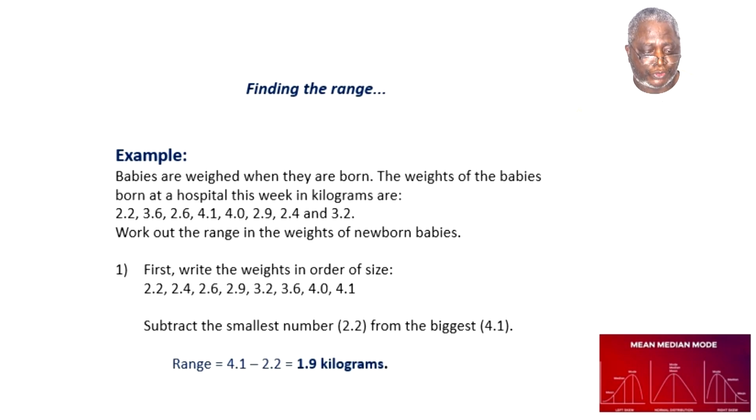First write the weights in order of size, starting from 2.2, 2.5, 2.6, 2.9, right up to 4.1. Subtract the smallest number, which is 2.2, from the largest, which is 4.1. Your range is 4.1 minus 2.2, which is equal to 1.9 kilograms. Quite big babies, aren't they?